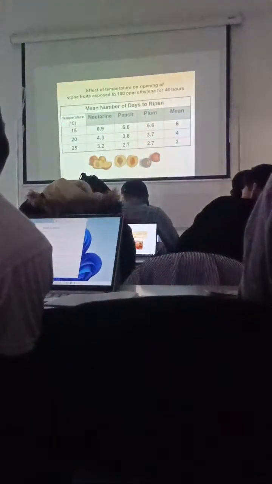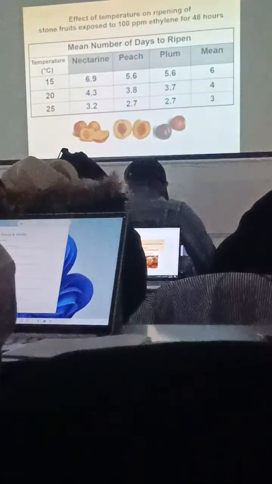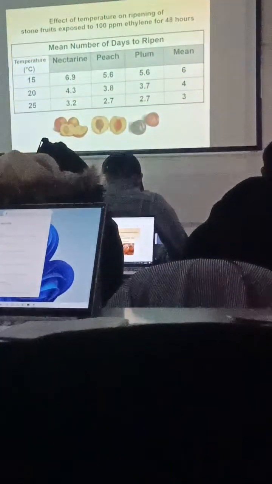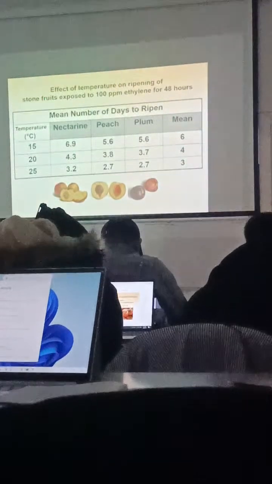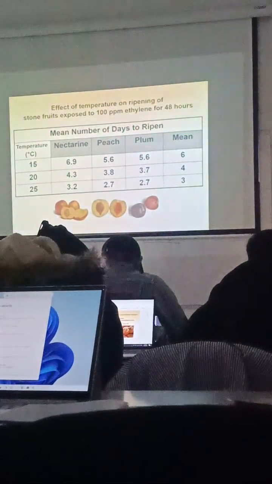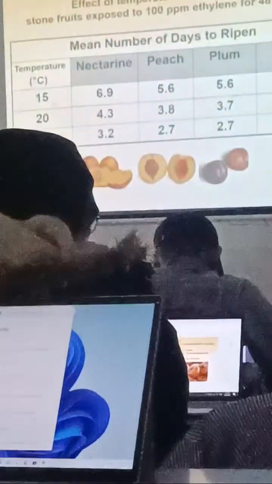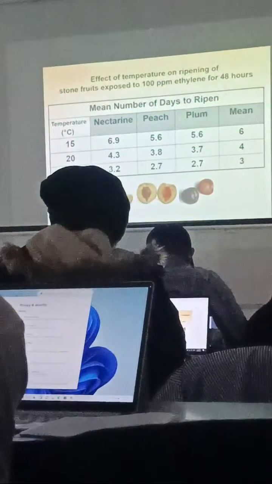Okay, so these are the relations. So ethylene in this case, they give 100 ppm, parts per million, for 48 hours. They can give it at different temperatures. That's what we do in the industry. The colder the temperature, the longer it takes: 15 degrees Celsius, 20, 25.